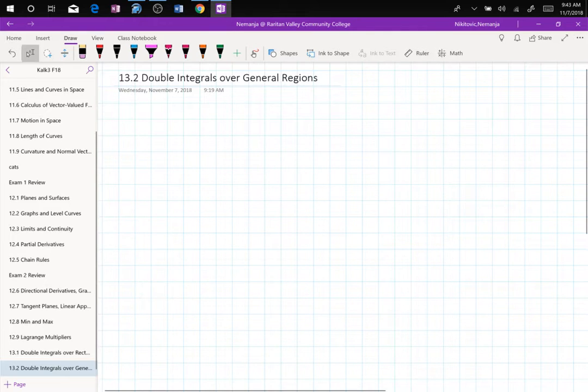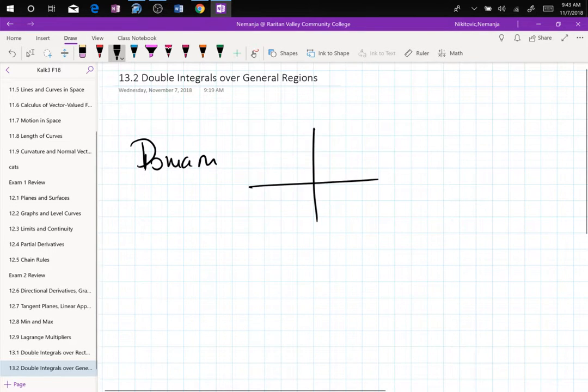So say that you have a domain in xy. Say that you have a parabola, which we know is x squared, and then let's say a linear line, and this linear line is x plus 1.